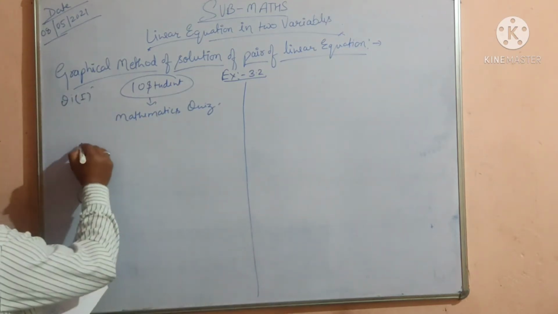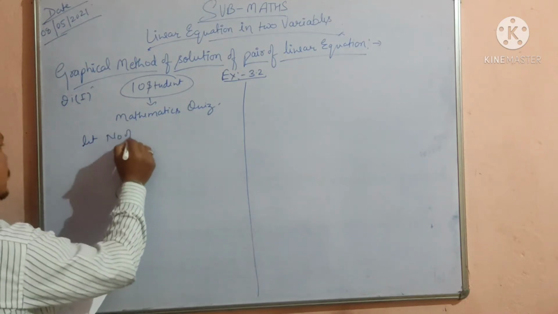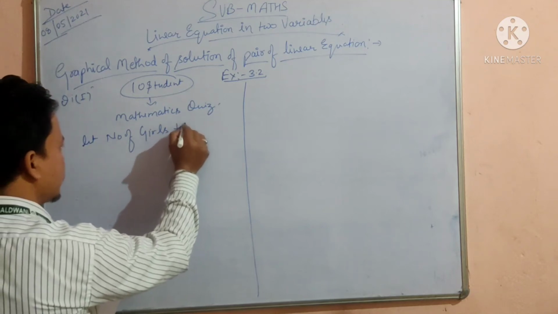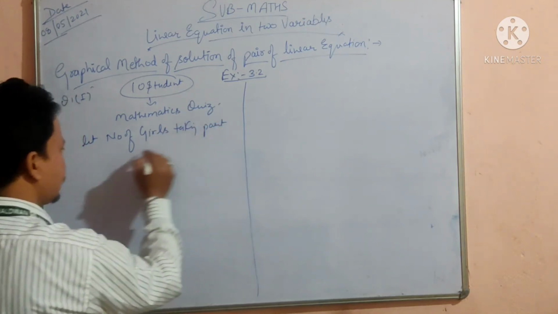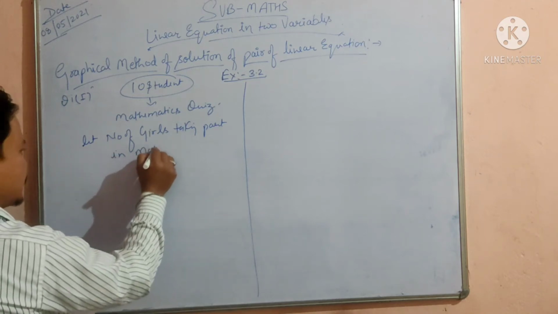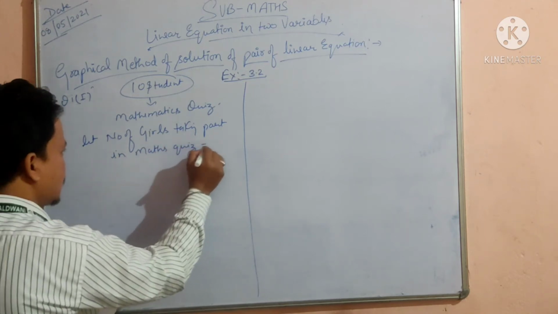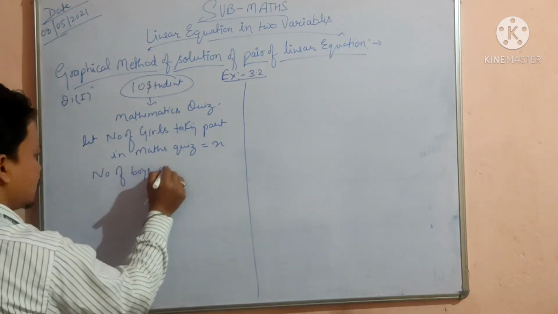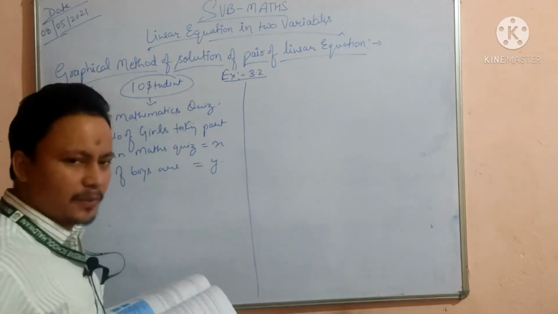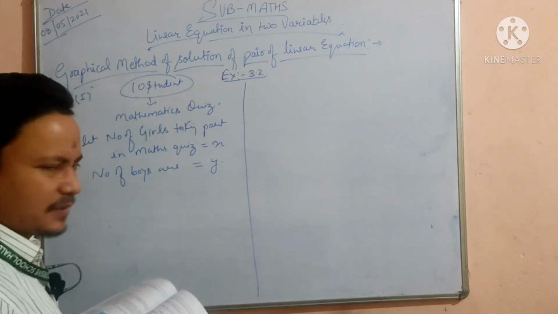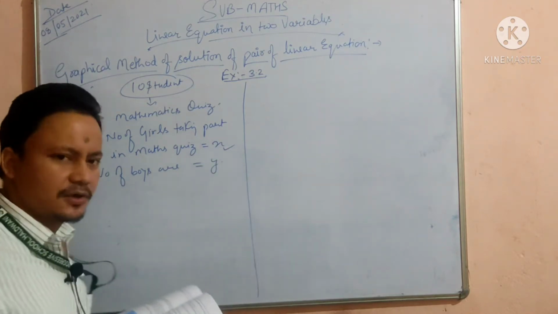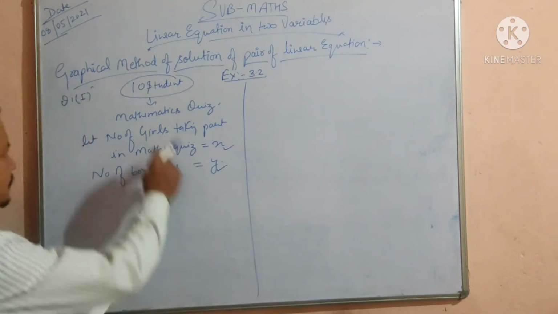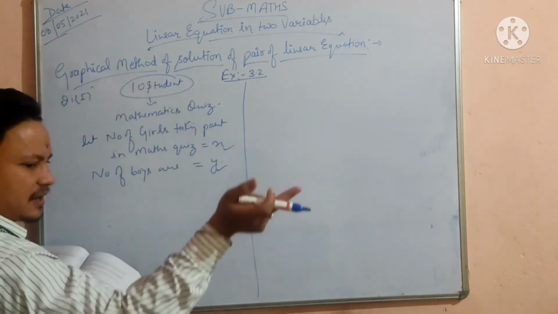So let us suppose the number of girls taking part in the mathematics quiz is X, and similarly the number of boys is Y. Now according to the question, there are a total of 10 students taking part in the mathematics quiz.